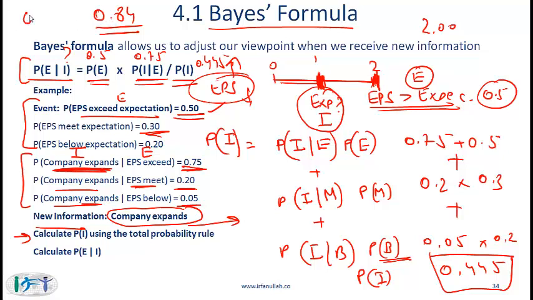And this makes sense. Our original probability was 0.5. This has gone up to 0.84, which makes sense because when you have this new information that the company expands, then obviously there is a greater chance that EPS will exceed expectations.